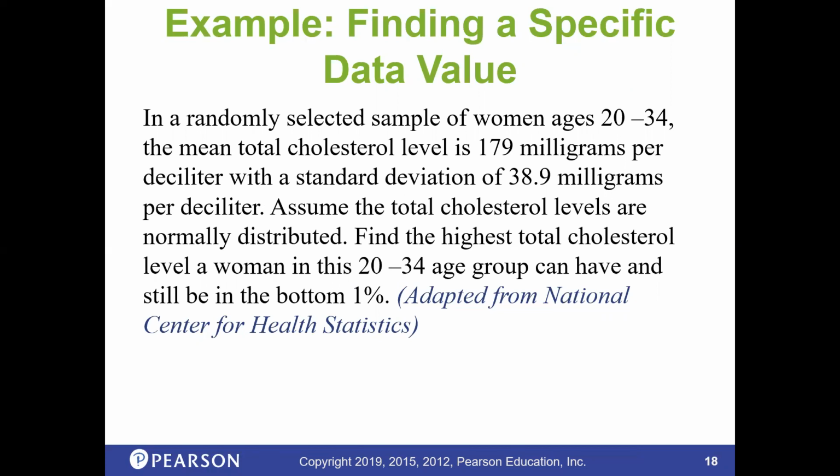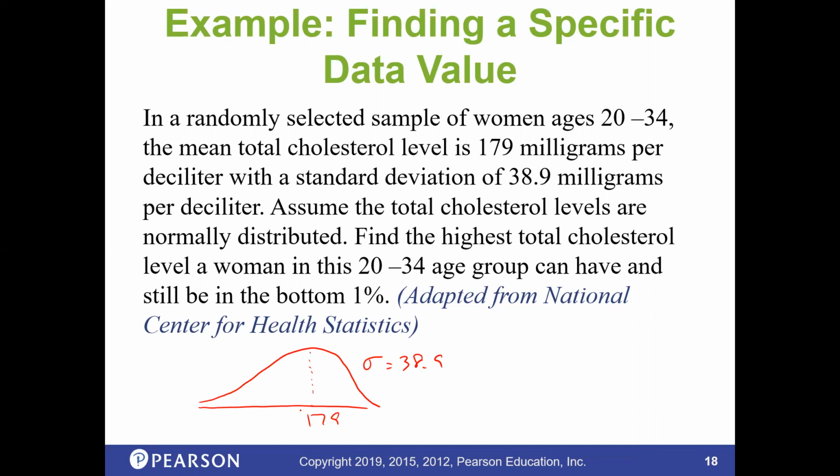So if you think about the bottom 1%, are we already talking about the left side? Right? Let's put this in. This guy's mean is 179. I have a standard deviation of 38.9. Boom, boom, got my numbers.